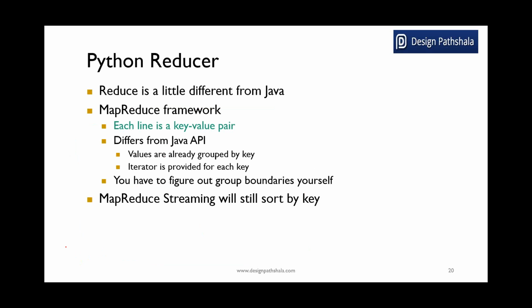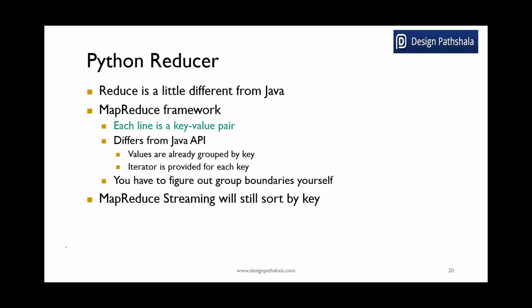But there's a little change in the reducer phase. If you can recall, on the reducer side in my Java programs, I was getting a key and a list of values. Here, because there could be different support from different streaming languages, Hadoop Streaming will send you key and value pairs only, rather than giving you the key and all the values associated with the key.